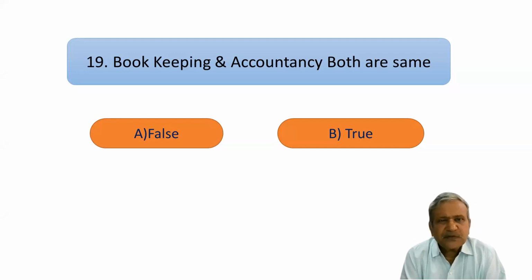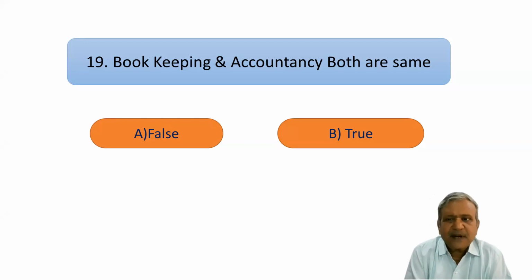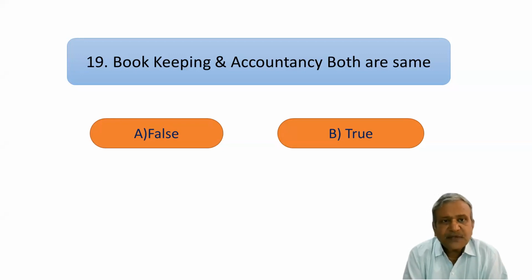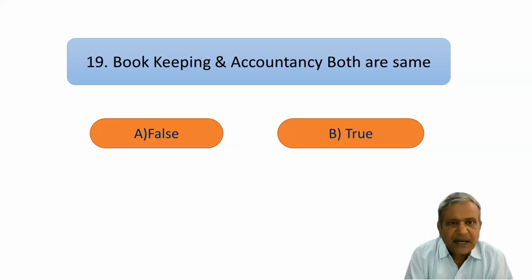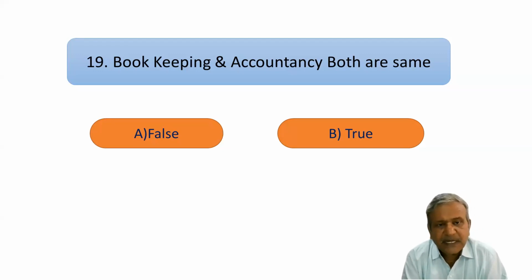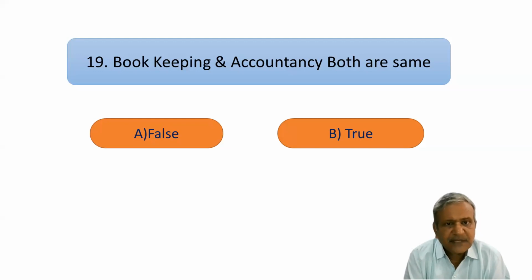I have maintained cash book, sales register, purchases, all these are called books of account. But whether I have maintained all the books of account correctly or not? Party has paid me 10,000 rupees. I have entered it in the cash book as 10,000, but in the party's account I have entered it as 1,000 only.